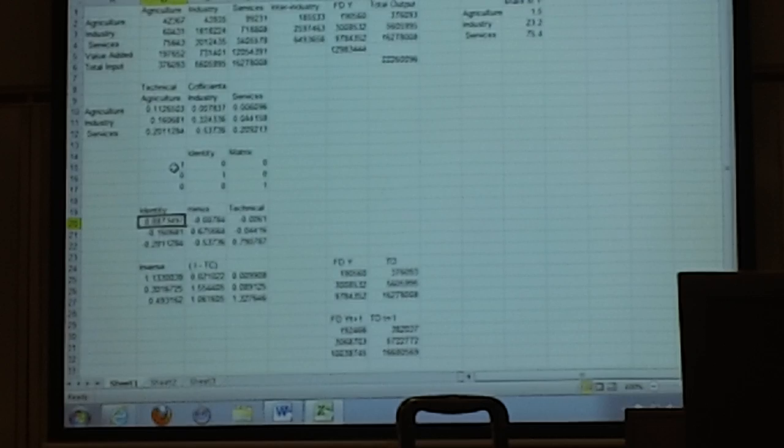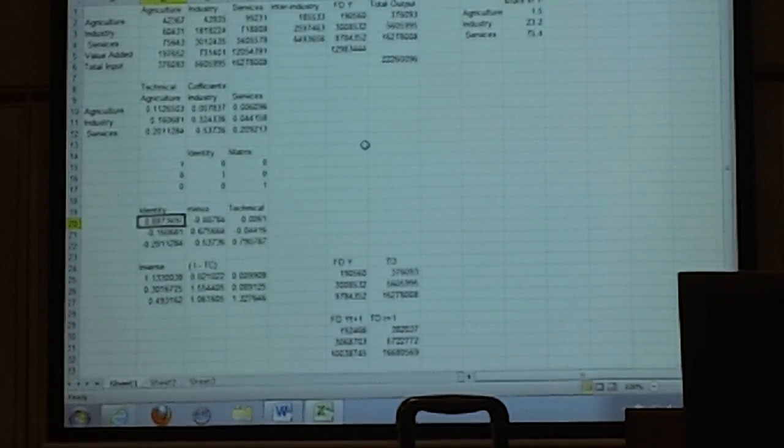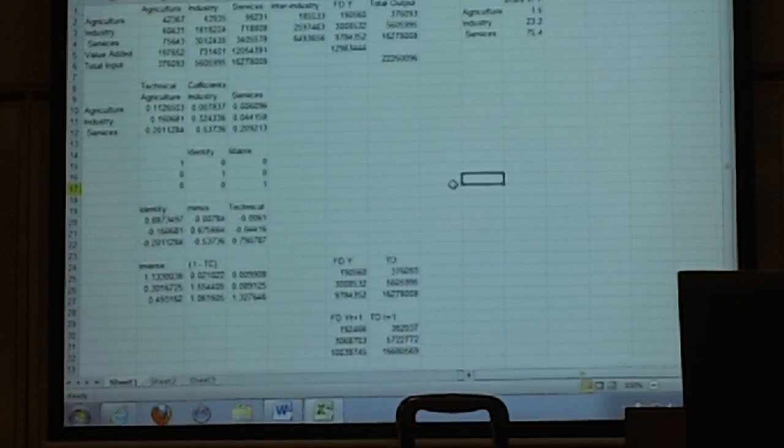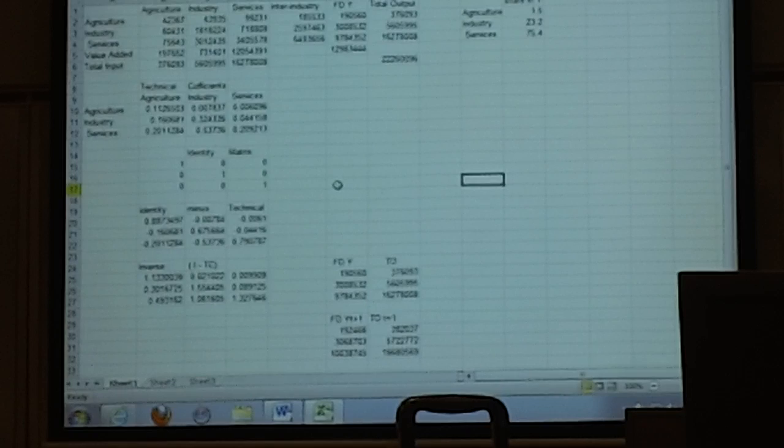B15 is here, minus this number over here. Right? So it's the identity minus the technological coefficient. That's why they're negative numbers. Identity minus technological. They're both 3 by 3.